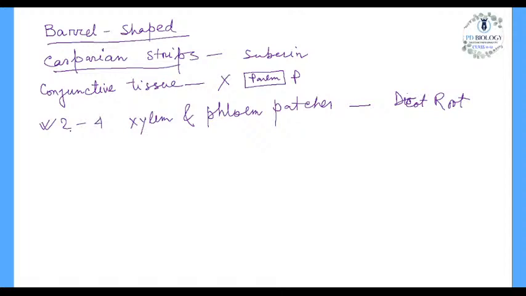Dicot roots do not undergo any secondary growth, but in monocot root, the special one, that is called polyarch. Note down this one, it's very important. This is called polyarch condition.